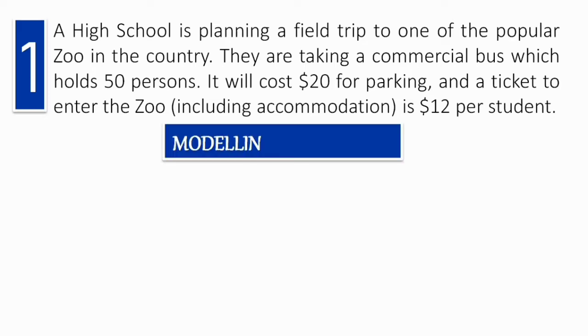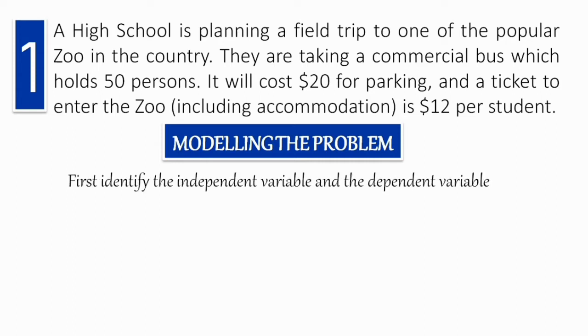In order to model this problem, what we want to do is first identify the independent and the dependent variables. That is what you will always want to do. The two variables that will interplay are the number of students and the cost of the trip.